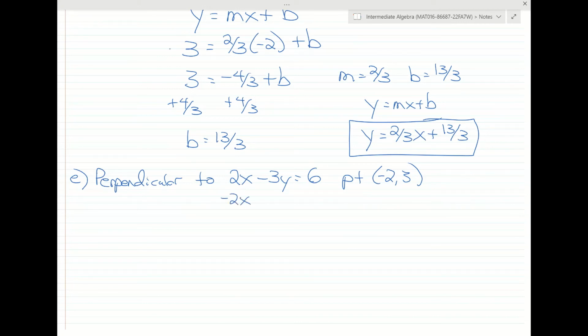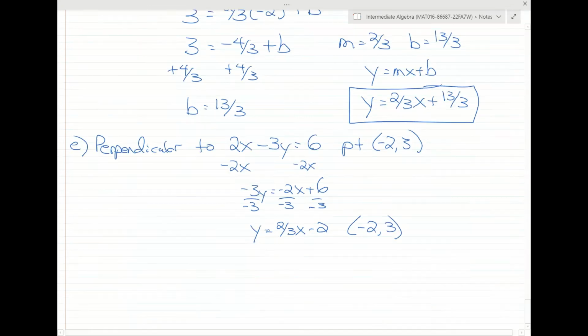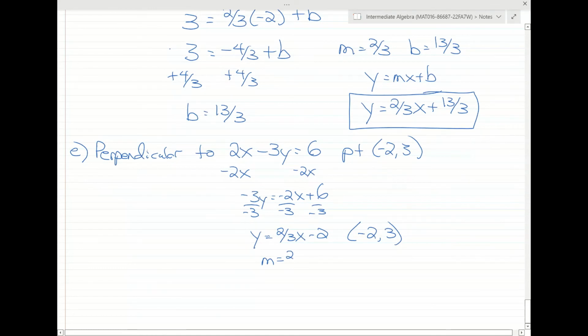Let's subtract the 2x. Divided by -3. So the slope of this line is 2/3.